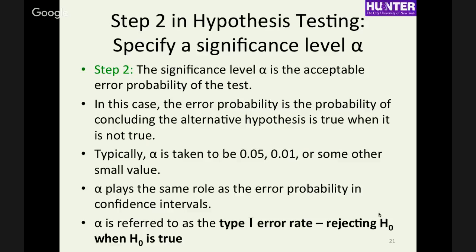If you are very concerned about convicting innocent people, then you should set a very small alpha, like 0.001. If you're more concerned about releasing a guilty person, then you would set a higher value of alpha, maybe 0.1, 0.2, 0.3, but then you're more likely to convict an innocent defendant.